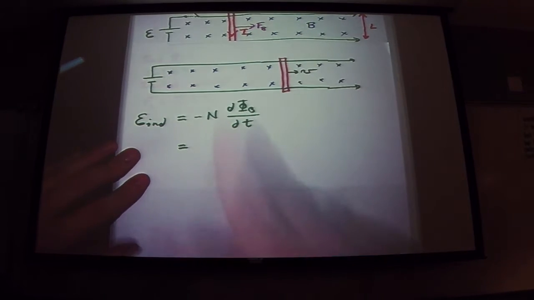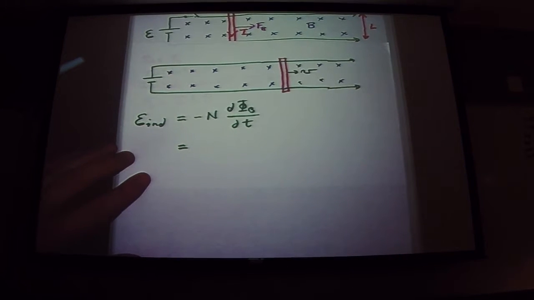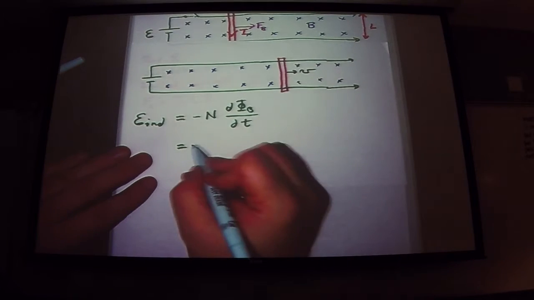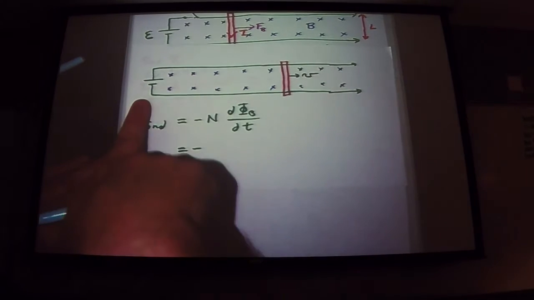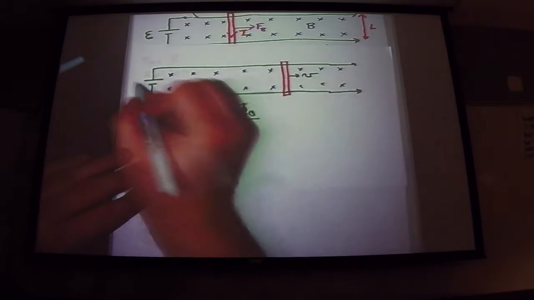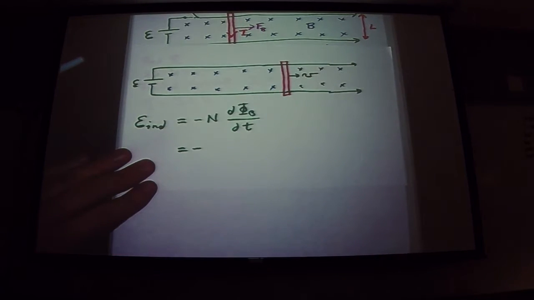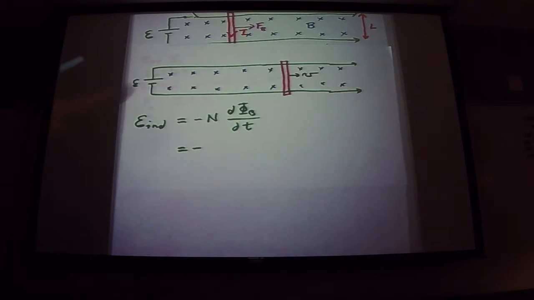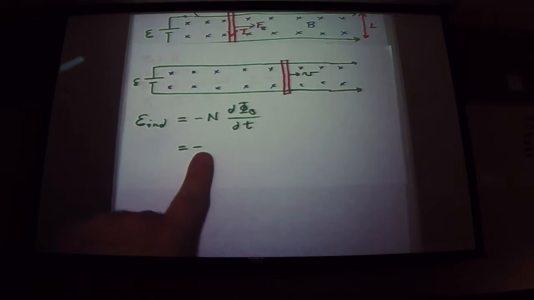The number of loops in this case is 1. I'll keep the negative sign just to remind myself that it's going to be in the opposite direction of our original EMF.